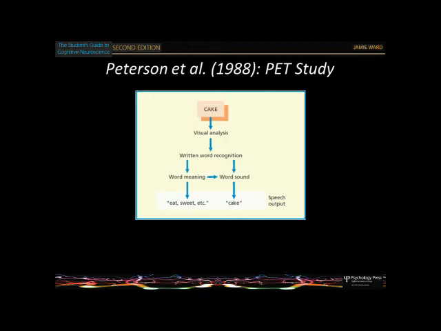And really you could think about this involving various stages that we know about from many decades of research. So you imagine that when you see that, you've got mechanisms that detect curves, they detect junctions and so on, so visual analysis. And then you've got something that maps that word onto a stored set of words.